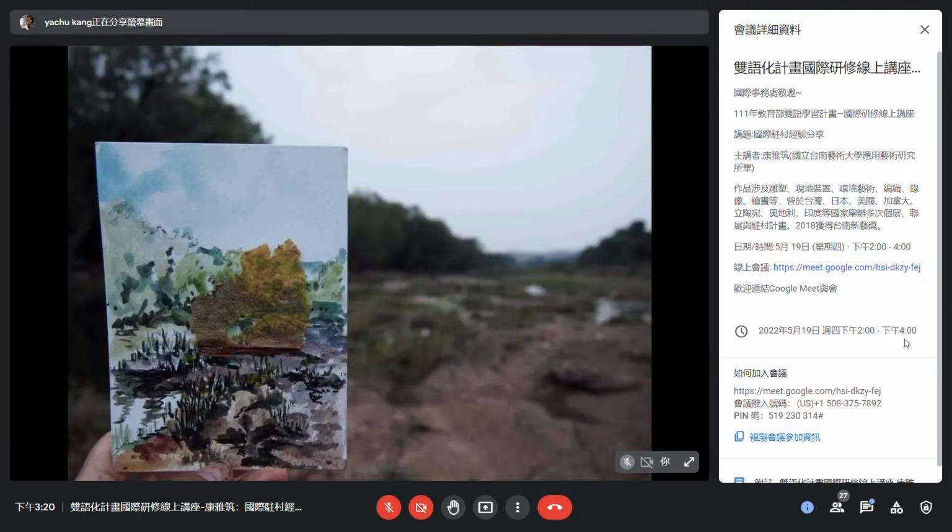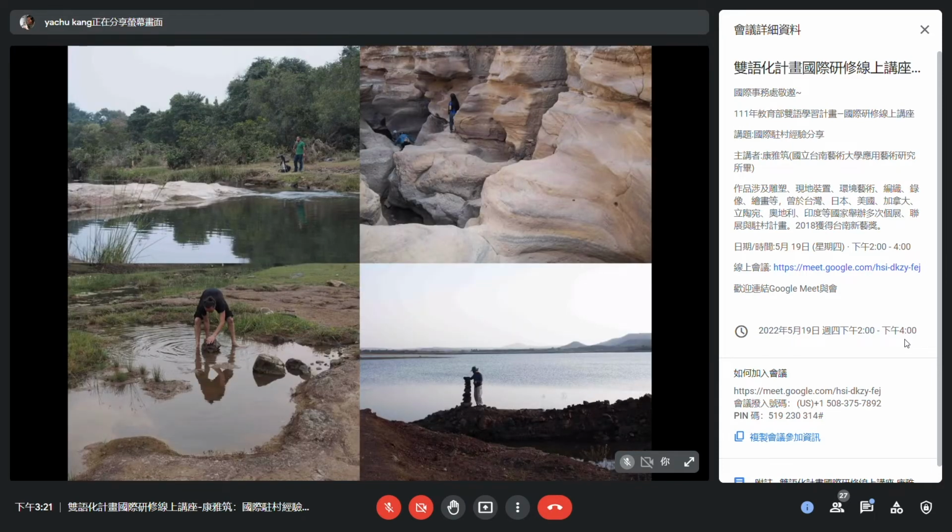But what was I going to do in nature? I had no idea. So I started doing some drawing and collecting some garbage in nature and combining it with my drawing. And these are the other artists.